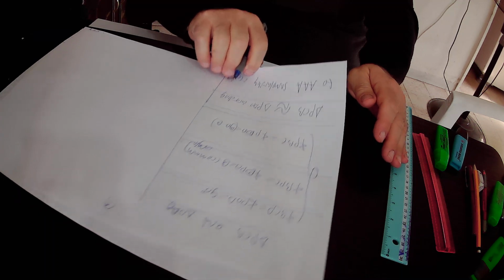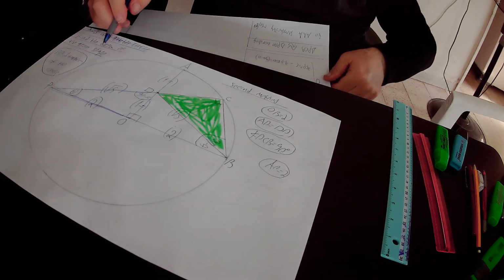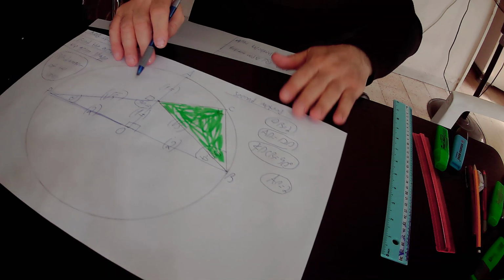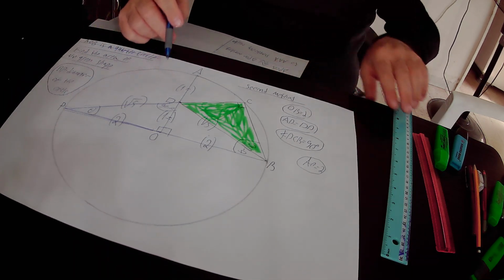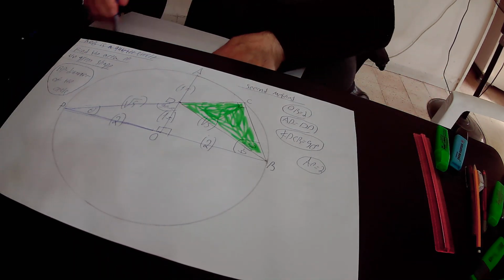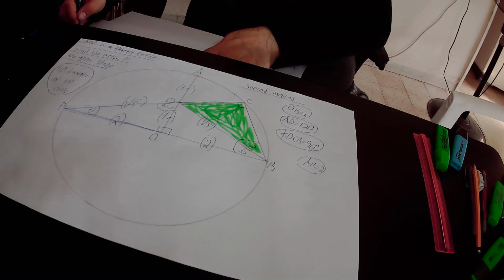And from the fact that the big right triangle PCB is similar to the small right triangle PDO, we derive that the following relationship exists between their sides.